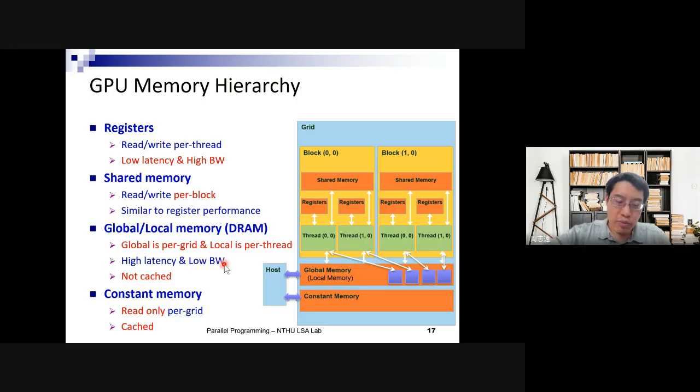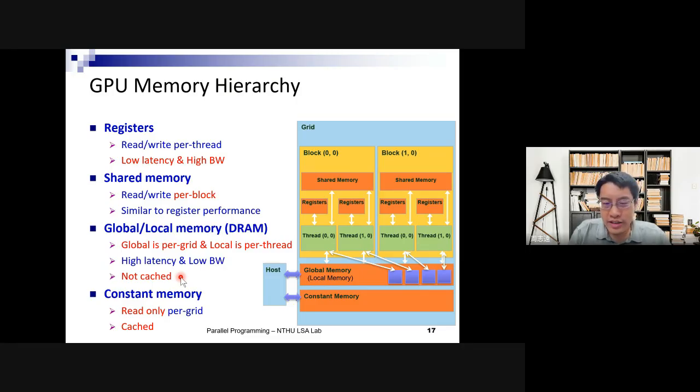Also, in principle, the data stored on global memory cannot be cached on the streaming processor. I said in principle because technology keeps advancing.